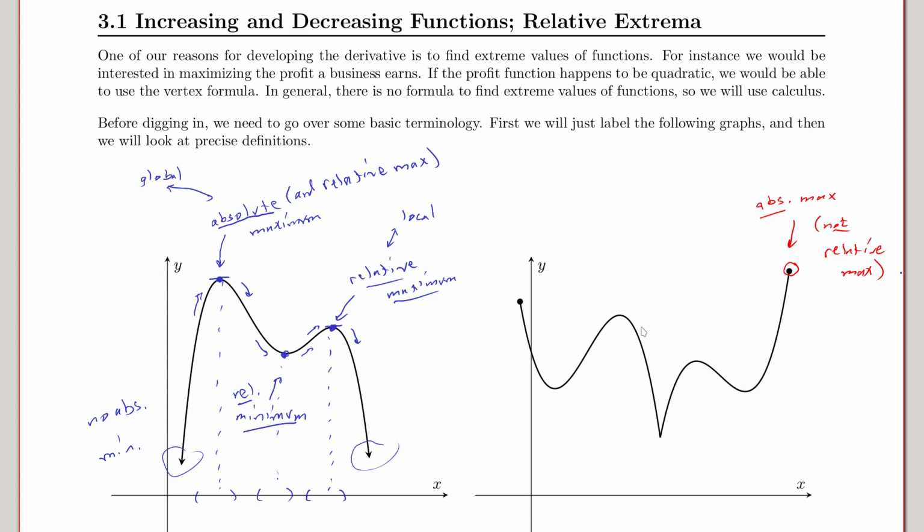So what about all these others? This and this would be referred to as relative max. This one and this one would all be relative minima, because we change from decreasing to increasing in each one of these.